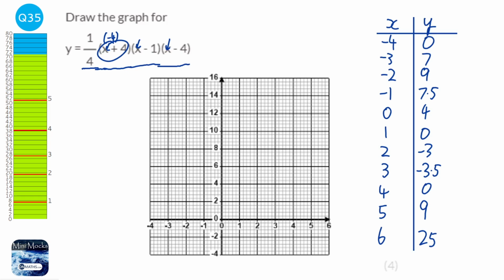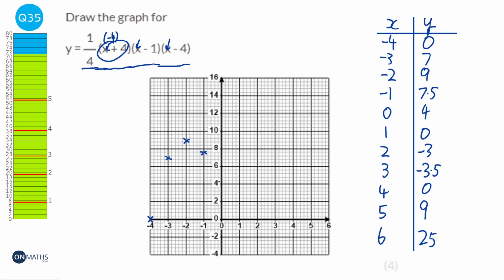So -4 is at 0, so that'll be here. -3 is at 7, so that's going to be halfway here. Then we're at 9, which will be halfway here. 7.5 is a bit more interesting because it's halfway between 7 and 8, so it would be about here.